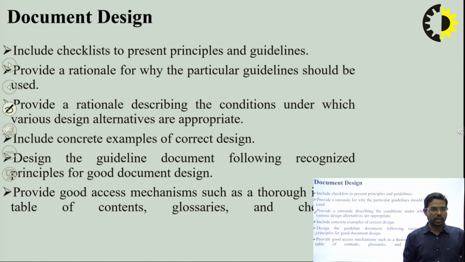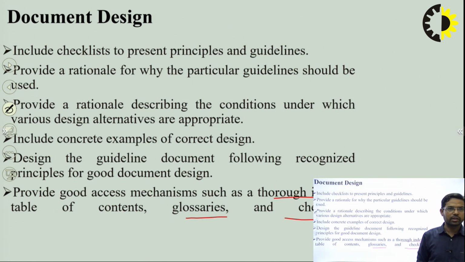Provide good access mechanisms such as an index, a table of contents, a glossary, and a checklist. Just like any book, all these things are included in the front pages: the table of contents, glossary, and objectives. What are the objectives? Who is the audience?